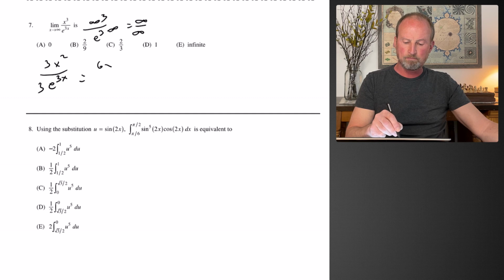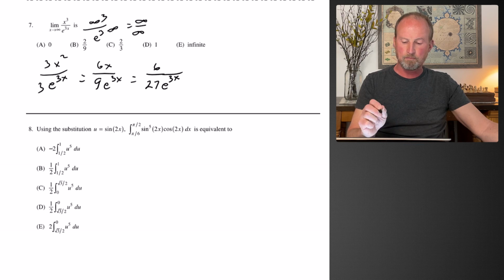Do power rule again. Top becomes 6x. Bottom becomes 9 e to the 3x. Plug in infinity. Again, I get infinity over infinity. Take the derivative again, and I get 6 on top, and I get 27e to the 3x on bottom.